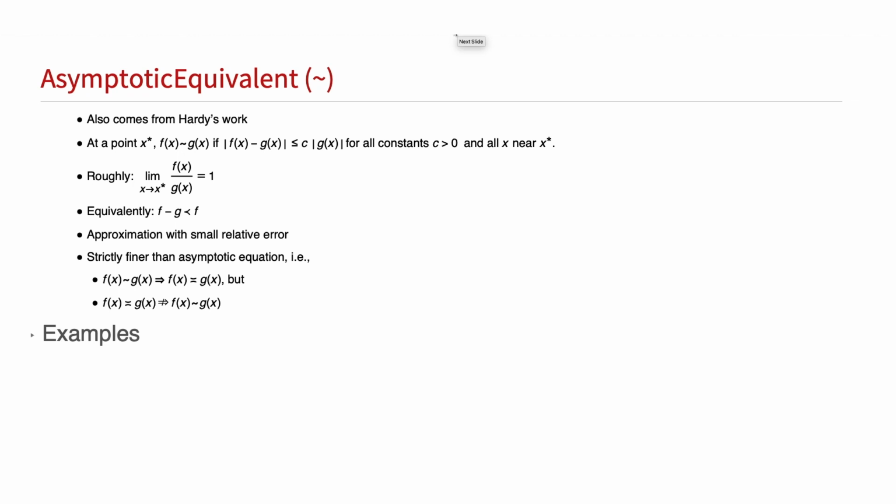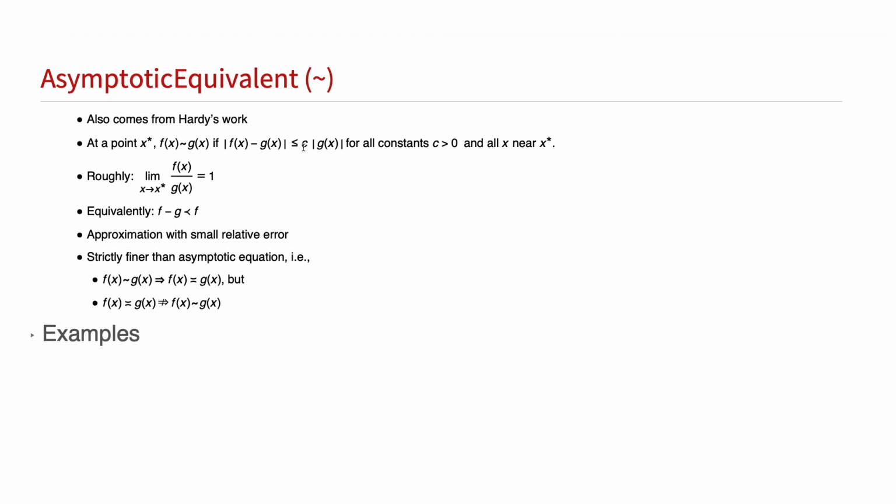That'll be important. So I've talked about less, less equal, equal, greater equal, and greater. And then there's this sixth guy, asymptotic equivalent, that seems to come out of left field. The way I think about this is equal, less equal, greater equal are one triad that's very popular in computer science.